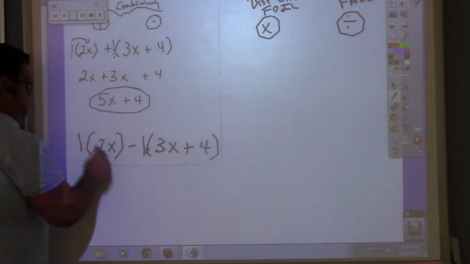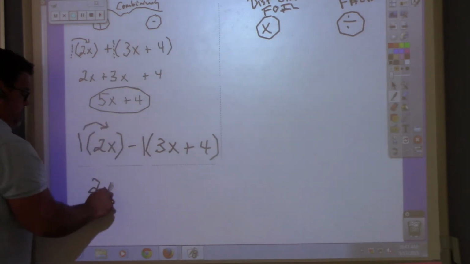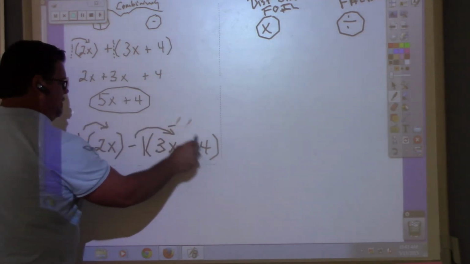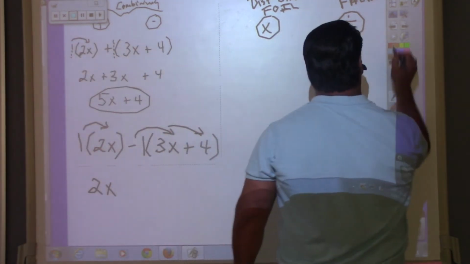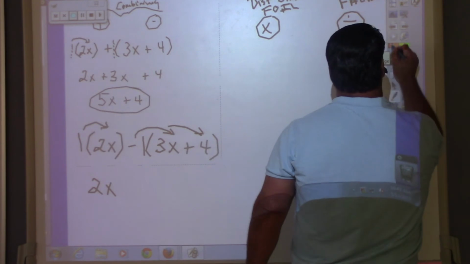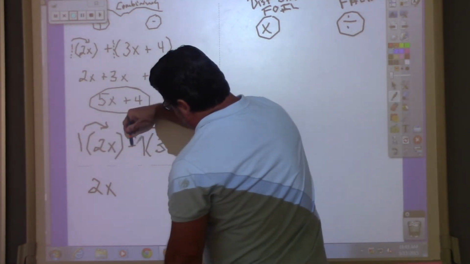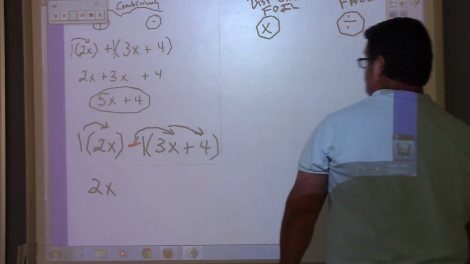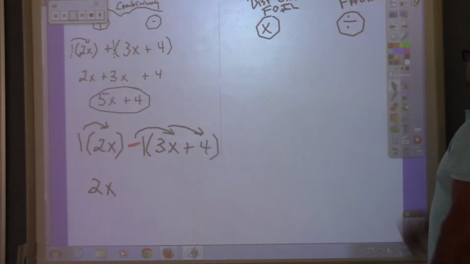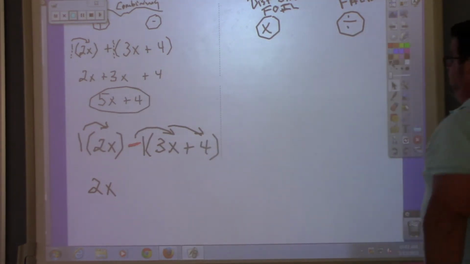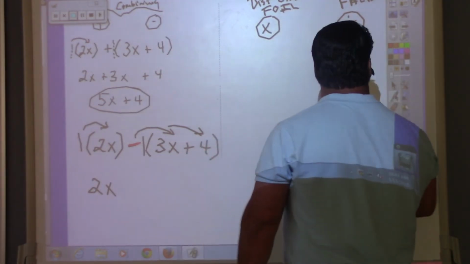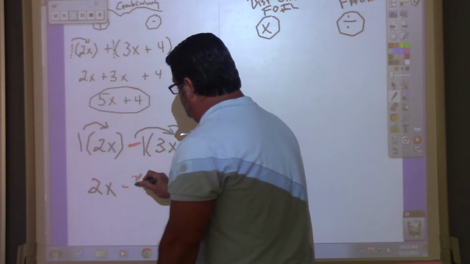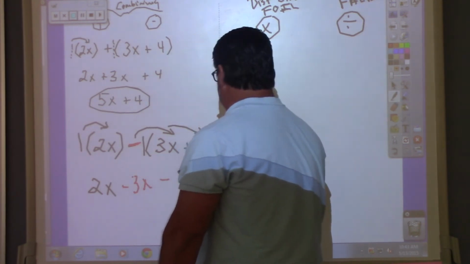A 1 goes here, a 1 goes here. That's 2x. What did I distribute here? A -1. Is that important? Yes, very important. So you take your handy dandy highlighter and you highlight this guy right here because he's going to make life rough for you if you don't recognize him. And that's going to make a -3x, and minus 4.